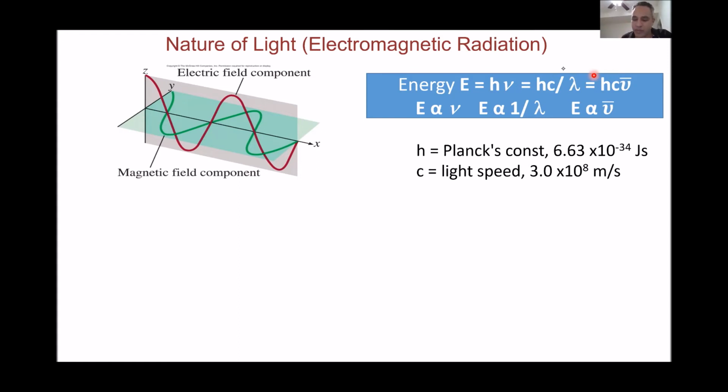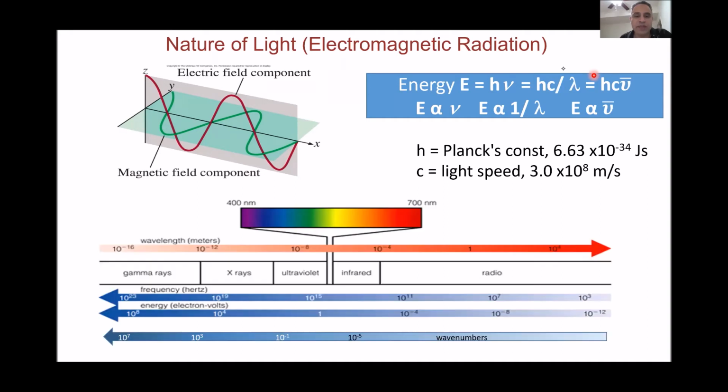So based on that, we can draw a spectrum on a scale that describes the different regions of the frequency. The frequency and energy will be directly proportional to each other. As you go to higher frequency, the energy associated with the light photon is going to be higher, and the same relationship is between wave number and energy.